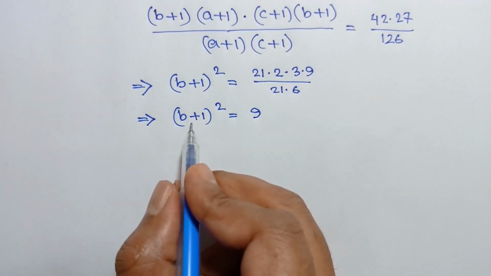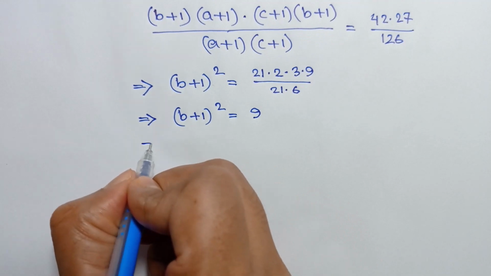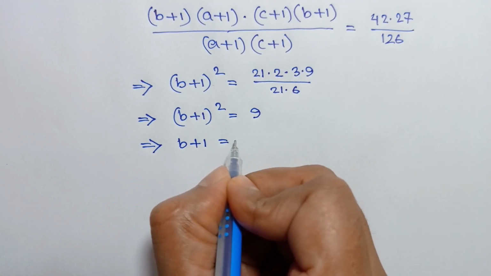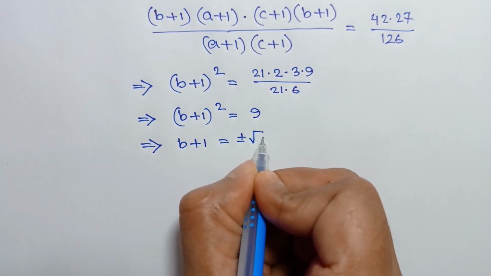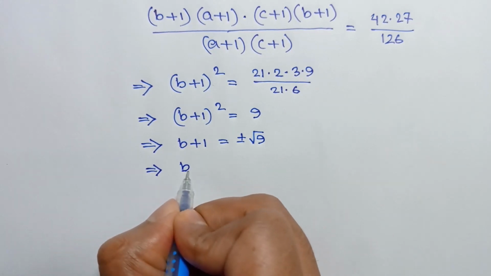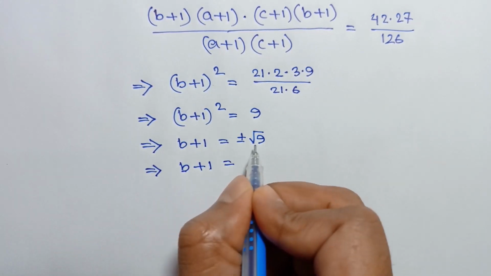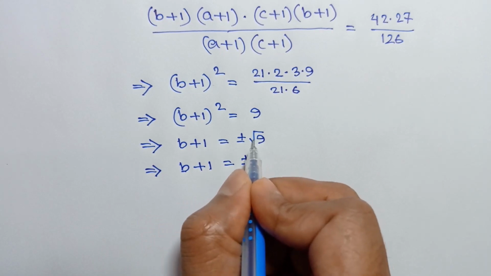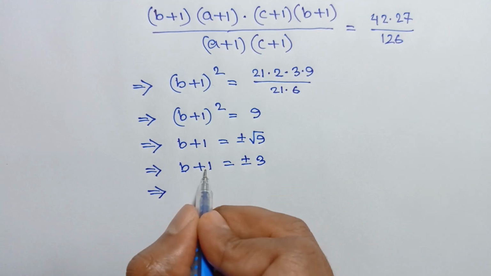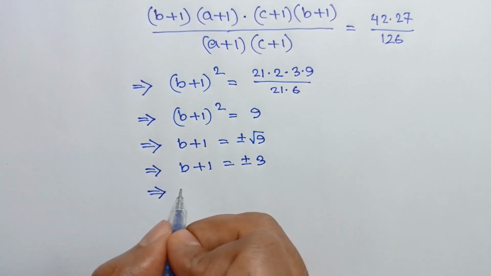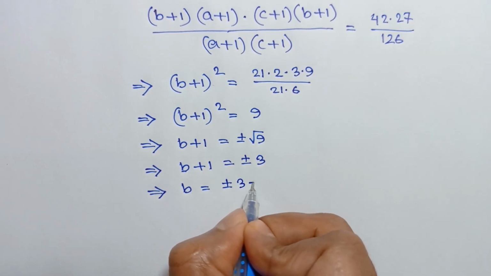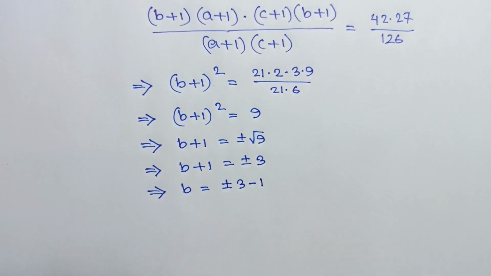Now taking the square root on both sides, we will have b + 1 = plus or minus the square root of 9, or b + 1 = plus or minus 3. Taking this 1 to the right side, we will have b = plus or minus 3 minus 1.